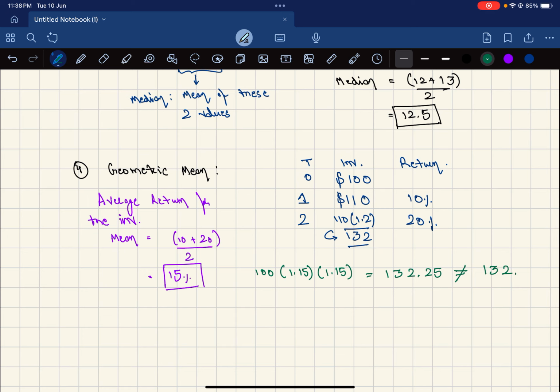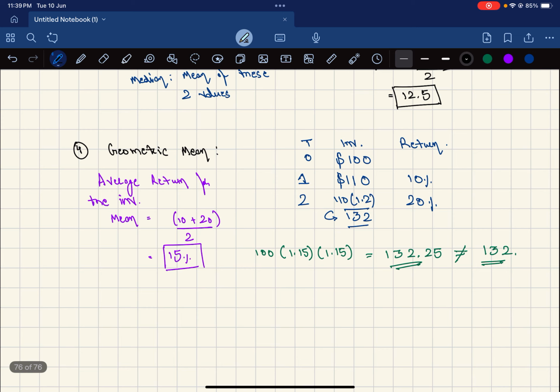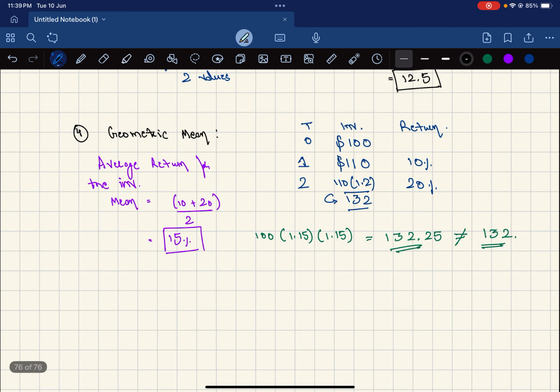So clearly this doesn't represent a true measure of central tendency in this particular case, since the total return should actually be less than 15%, given that the final investment value is 132 instead of 132.25, which we would have got with 15% in each of the 2 years. So to tackle this, we use something called a geometric mean. Let us assume the geometric mean value is x.